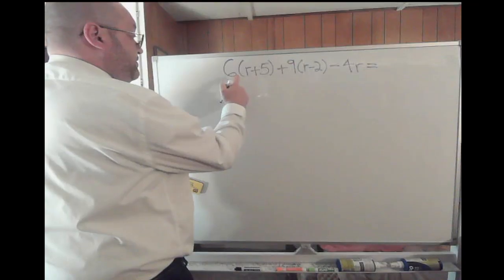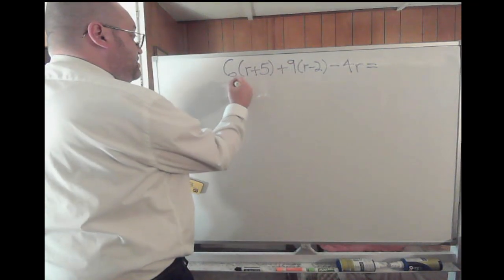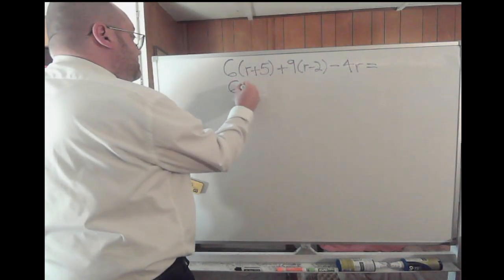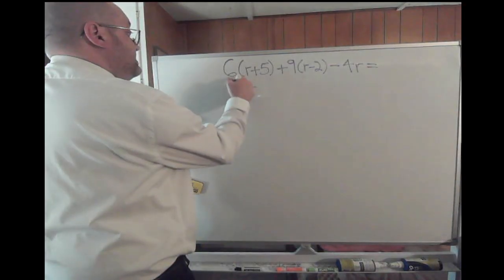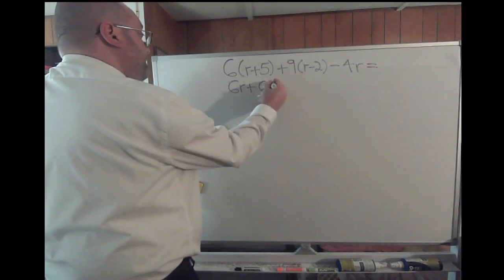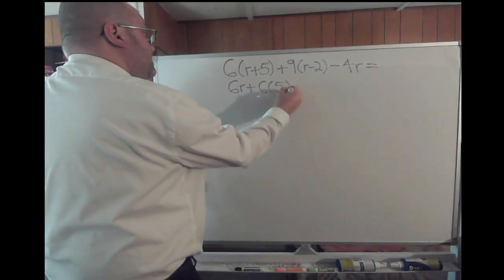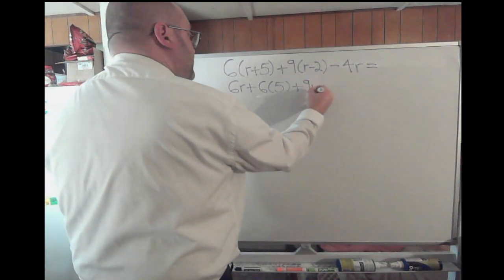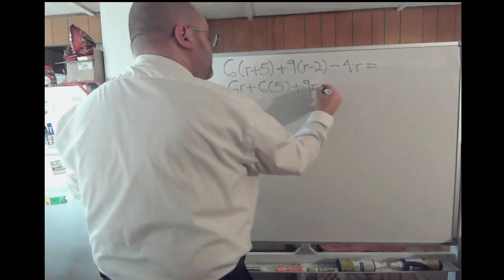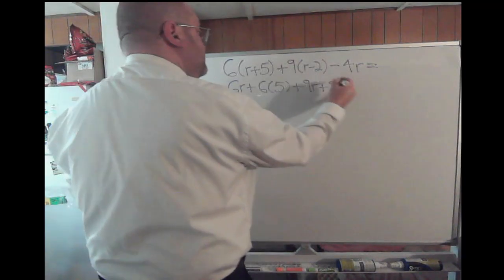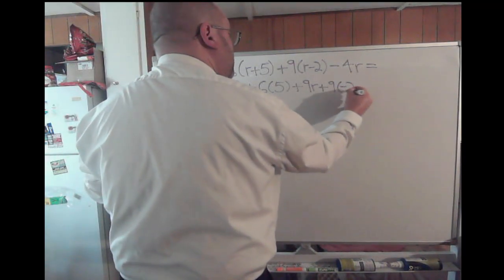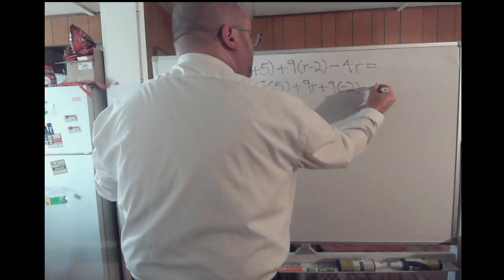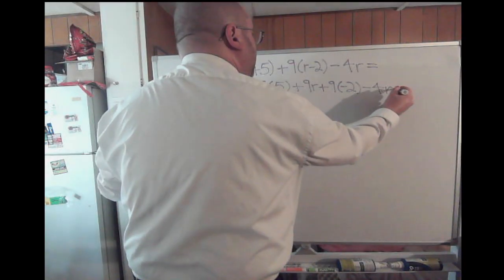So let's start with the first term here. We'll have 6 times r, which would just simply be 6r, plus that 6 times 5, plus you have that 9 times r, which would simply be 9r, plus you have that 9 times the negative 2, then you just have minus 4r hanging out there.